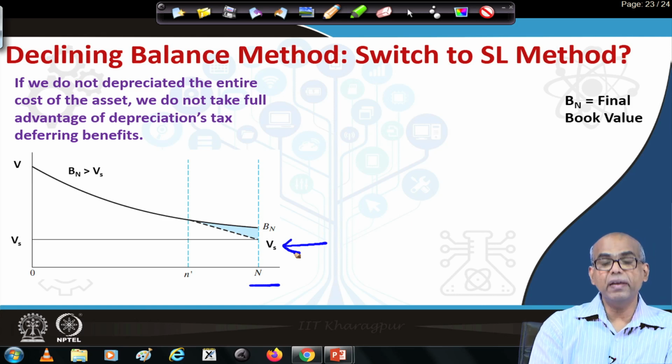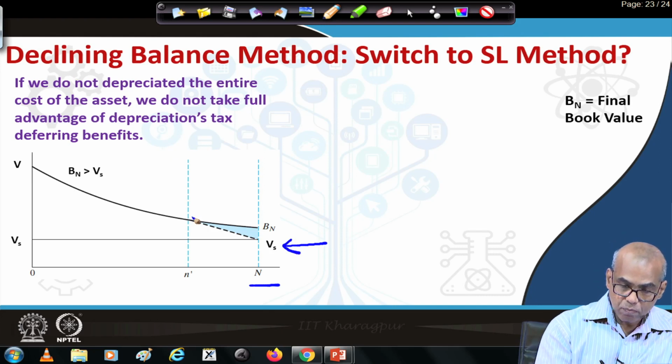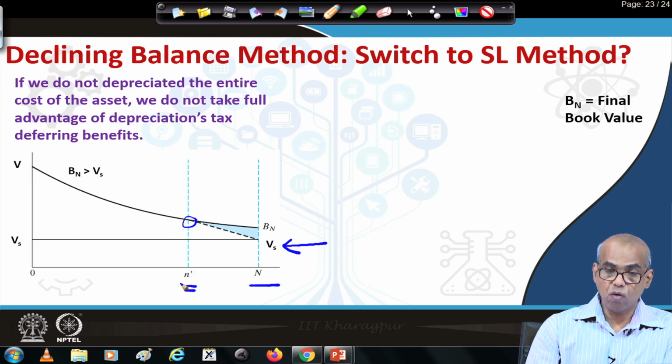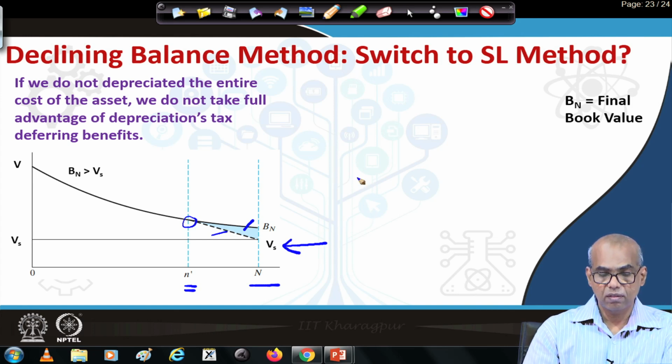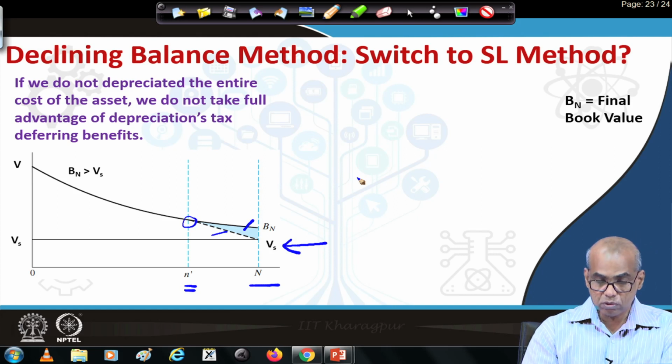So, to take full benefit, you must depreciate up to salvage value. So, maybe from a suitable year, let us say from n prime years, you can switch from declining balance method to straight line method. Straight line method will always bring the charge down up to Vs.